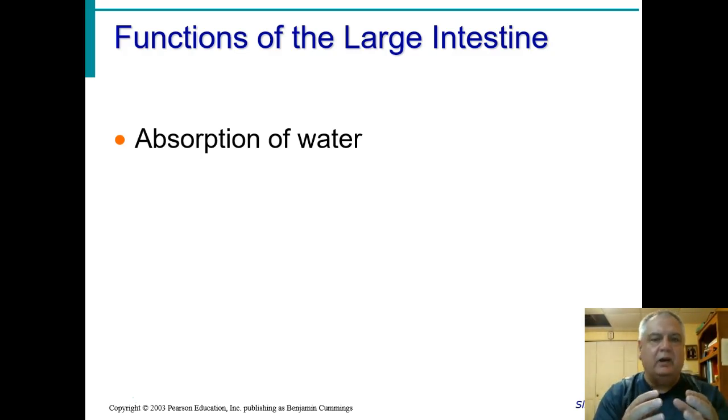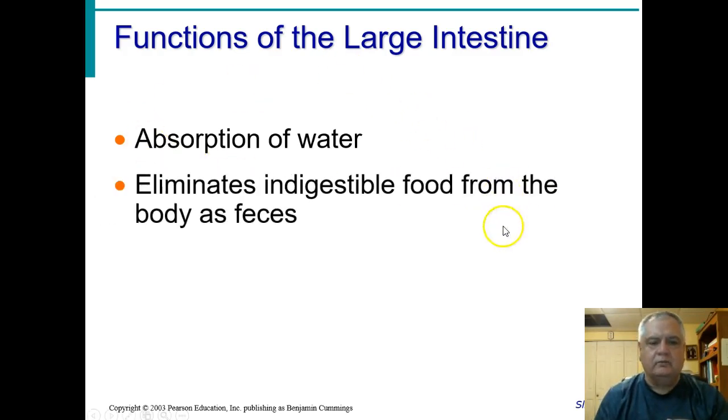And if the fecal matter is too runny yet, then the large intestine will act to absorb additional water to get it to the right composition. If it's not that runny, then the large intestine won't reabsorb so much water.